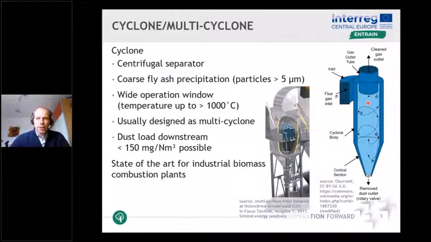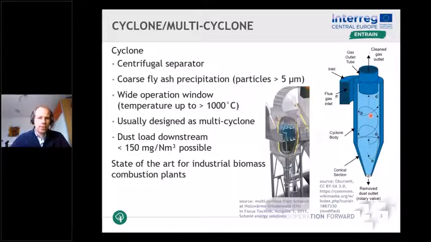Coarse fly ash particles are separated due to centrifugal forces because they cannot follow this accelerated flow, and then are separated to the walls and drop down into this conical section and are removed at the bottom by means of a rotary valve which ensures the air tightness of the system.